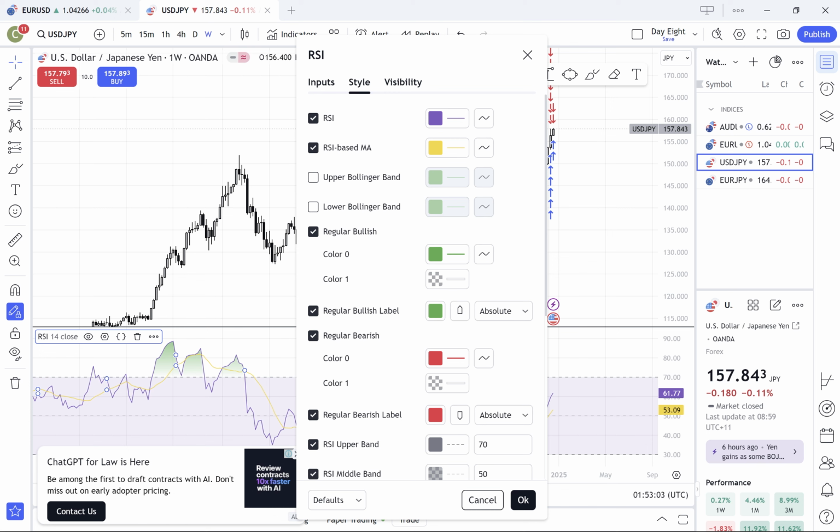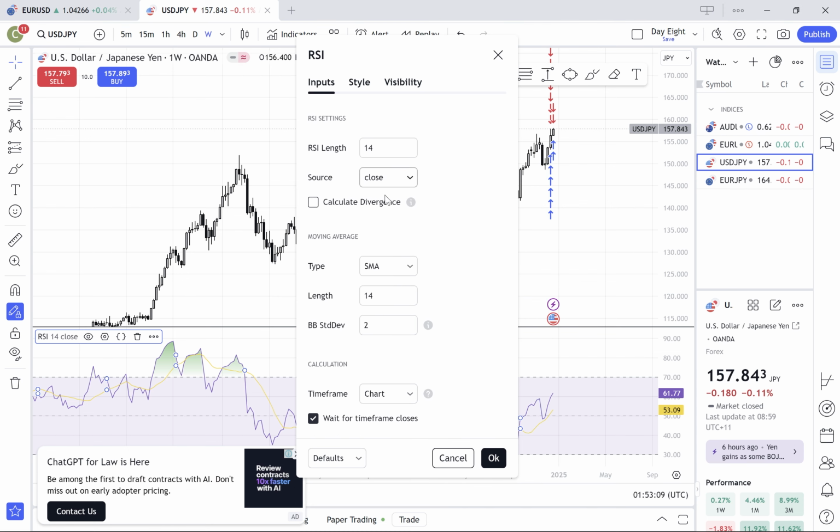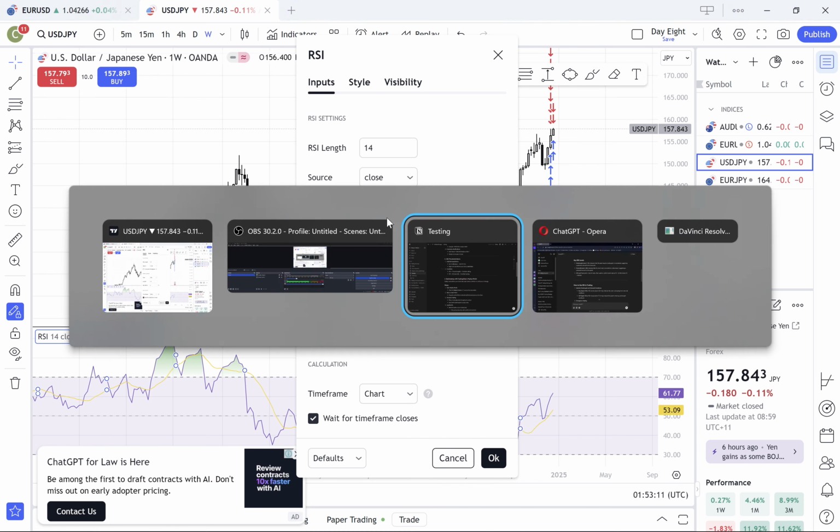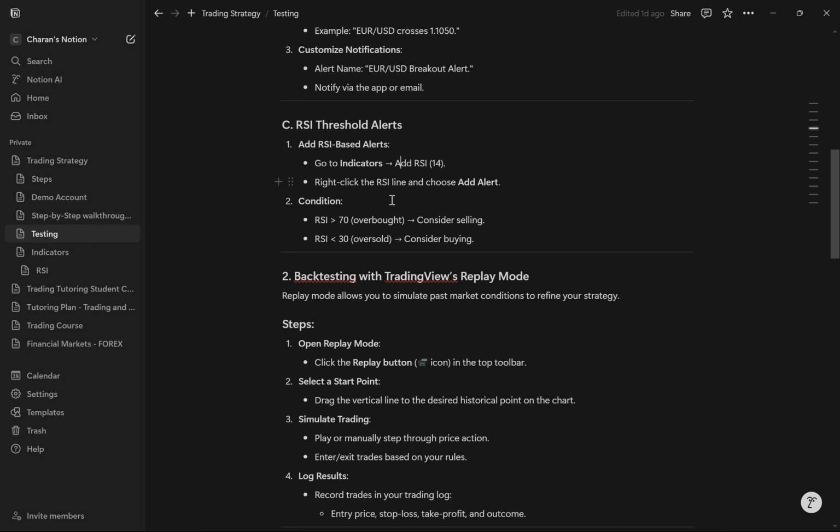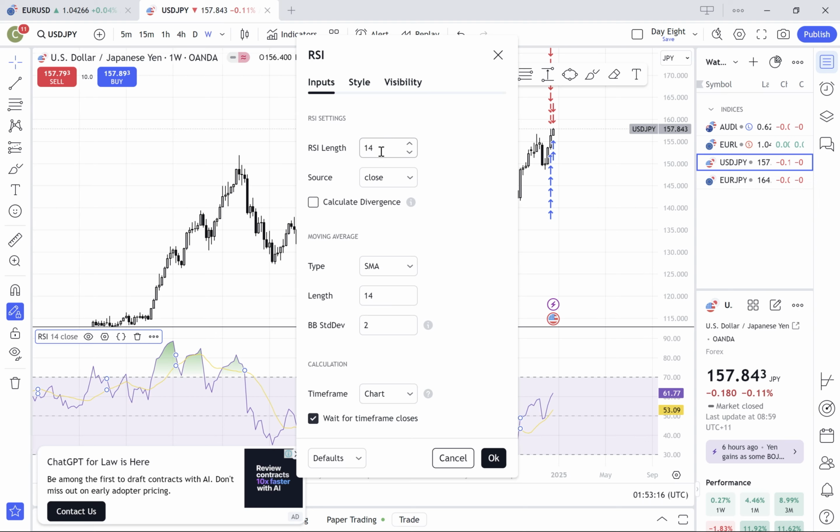All right, so the RSI has inputs. The first thing is length, as in most indicators. Add the RSI with a length of 14.